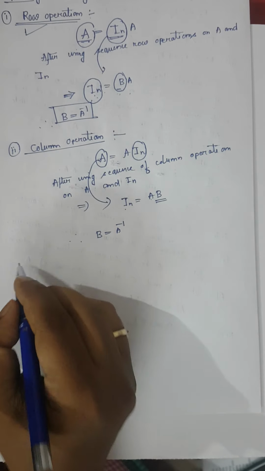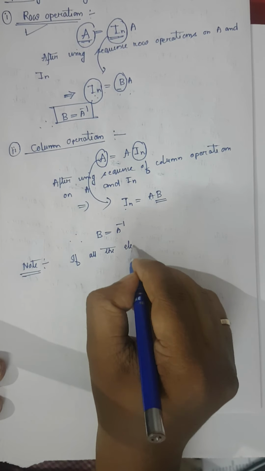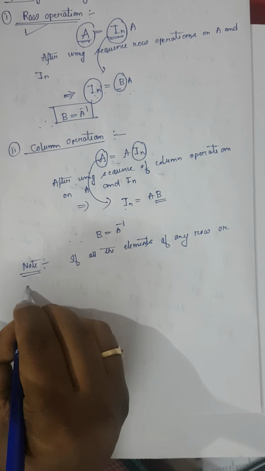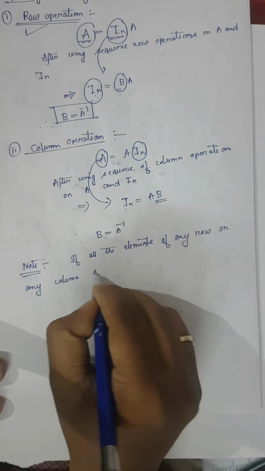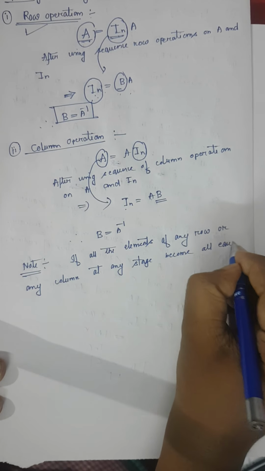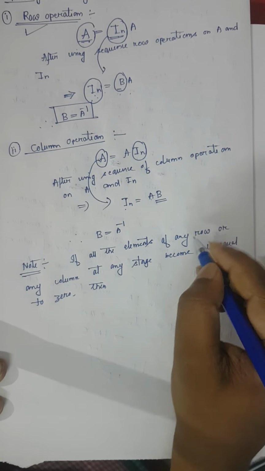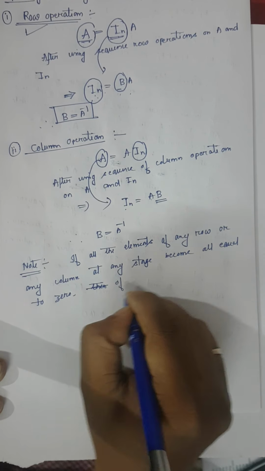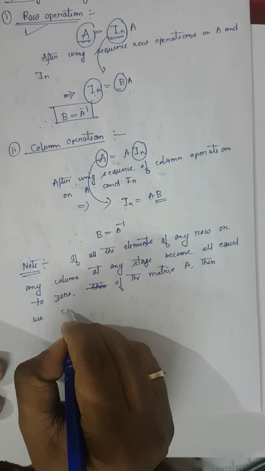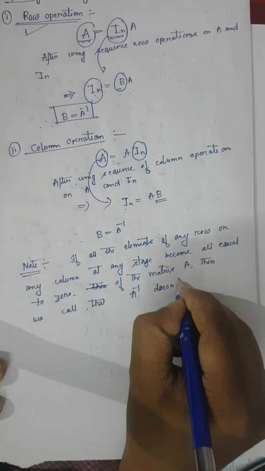Now there are some conditions you need to remember. Note, if all the elements of any row or any column at any stage become all equal to 0, then we say that A inverse does not exist.